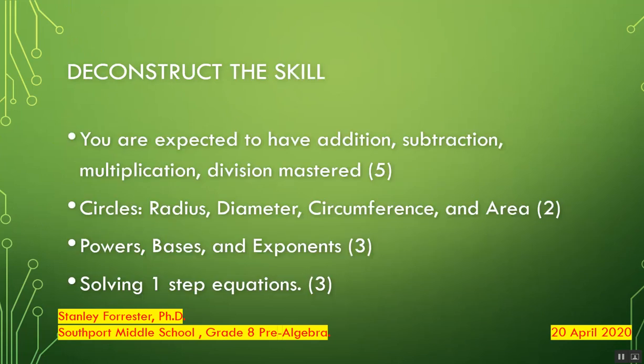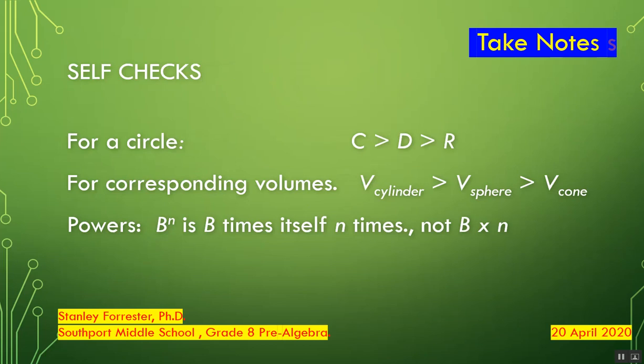These are the things that you need to know in order to get the most out of this unit. You're expected to have mastered addition, subtraction, multiplication, and division. If not, I'm going to provide some links for you in the description, and hopefully you can address that quickly. Here's the other thing: circles. You need to know what the radius of a circle is, the diameter, circumference, and the area.